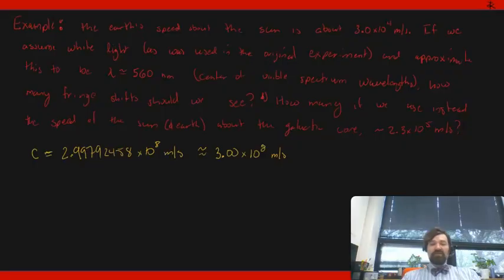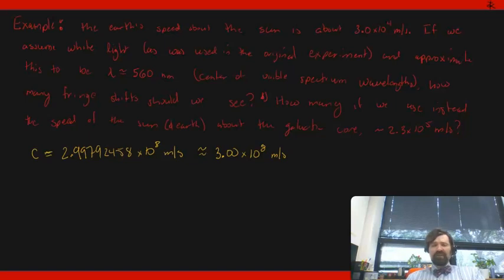As a basic reminder, we do know what the speed of light is, but we're just going to approximate it as 3 times 10 to the 8 meters per second because the other units that we have here don't have any further precision to warrant all these digits.